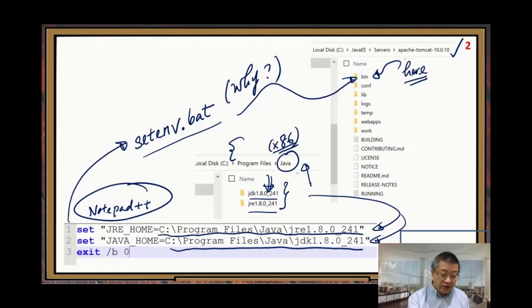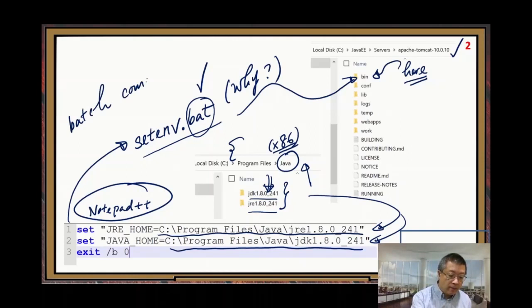But for the second part, you have to use this extension, BAT. This extension you cannot change. If you change it, you may have problems. BAT means batch, batch commands.